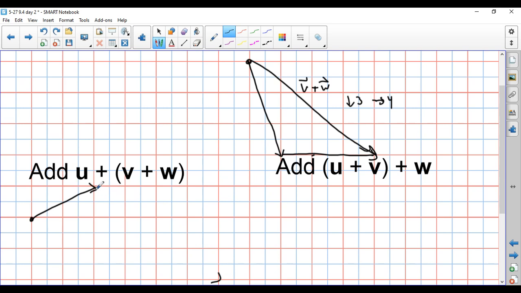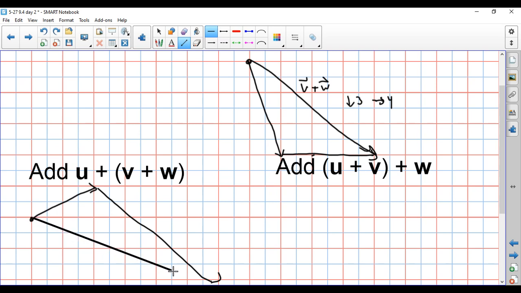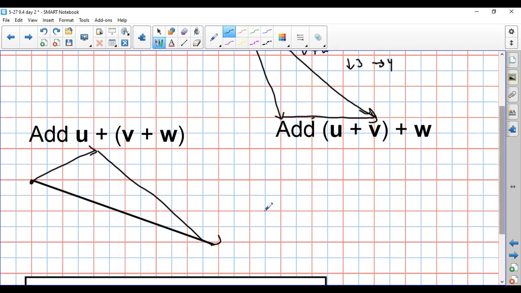I would end up here. So there's u plus the sum v plus w. And my final answer is the vector, I'm going to draw using the line tool here to make it a little better. My final answer is this vector, which goes down 2 and right 1, 2, 3, 4, 5, 6.